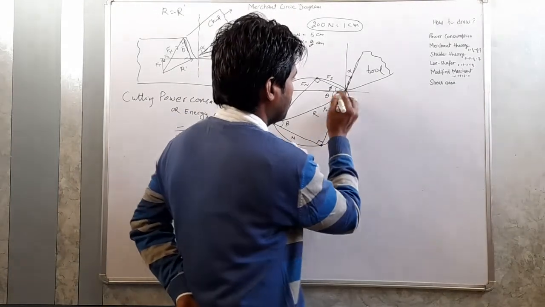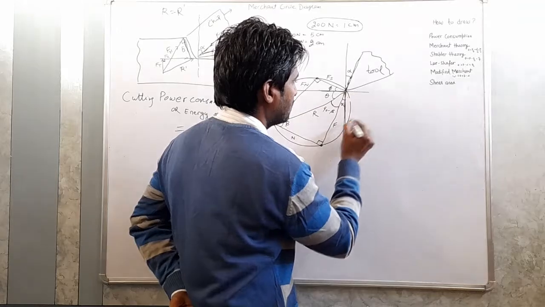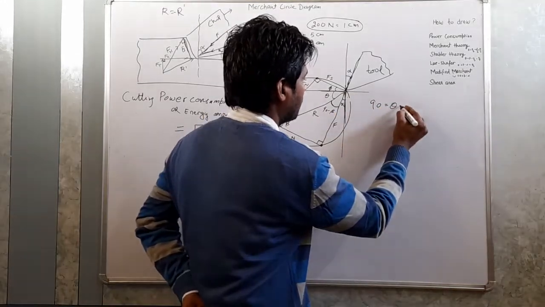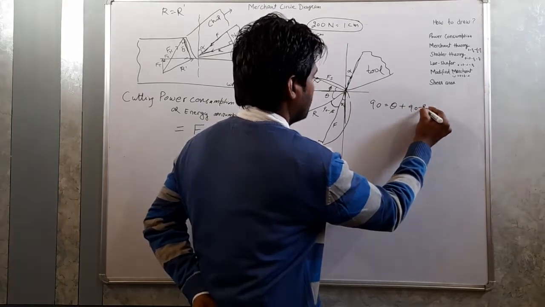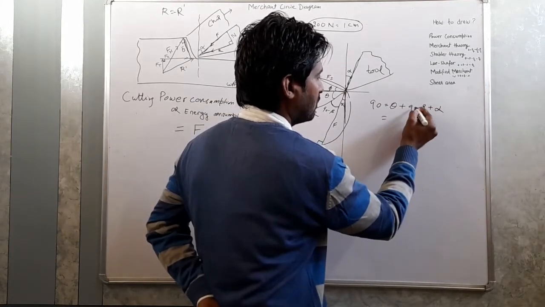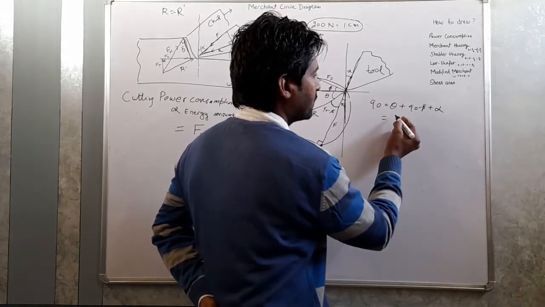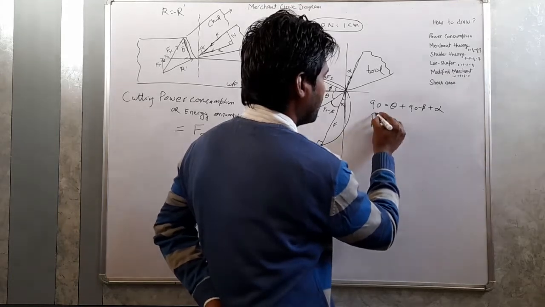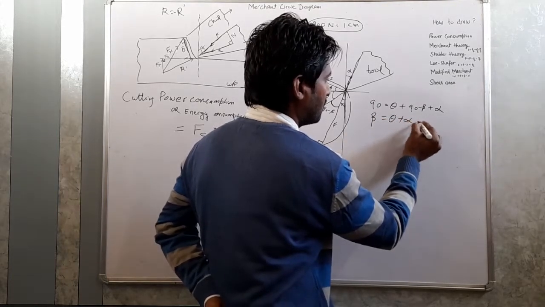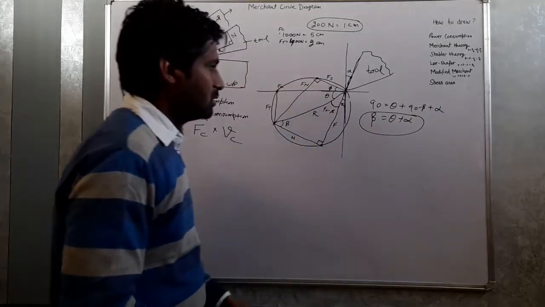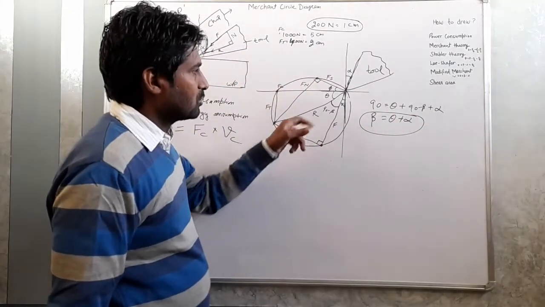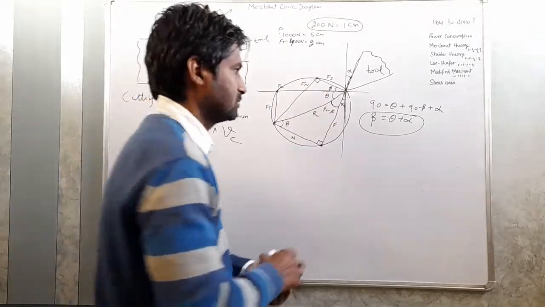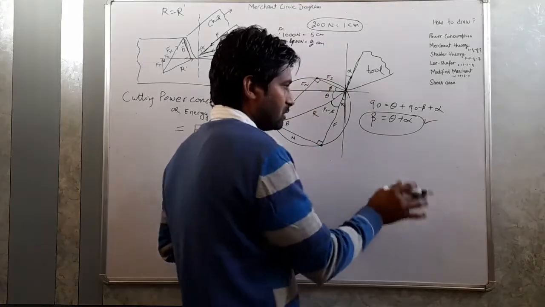So the total angle is 90, that is equal to theta plus 90 minus beta plus alpha. The 90s cancel each other, and this will be beta equal to theta plus alpha. This is important. This beta will be equal to this angle plus this angle, theta plus alpha. Remember this. Sometimes this will be used in the numericals.